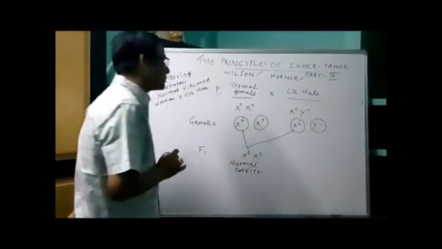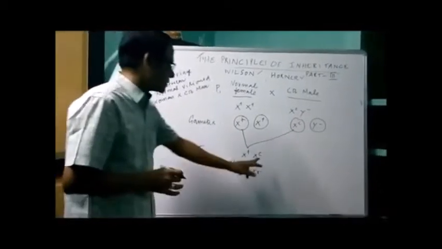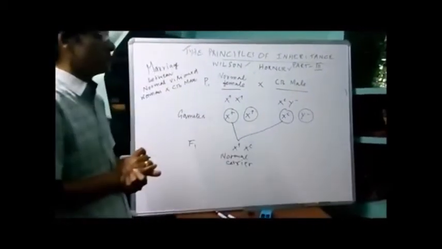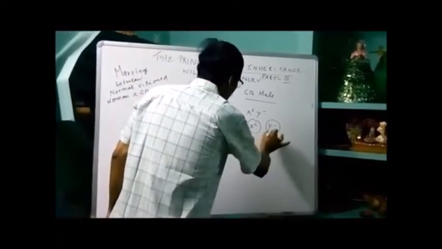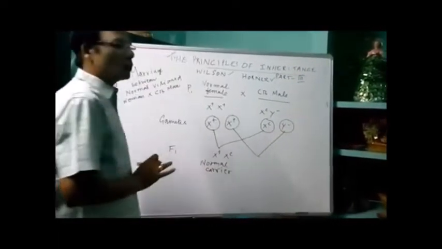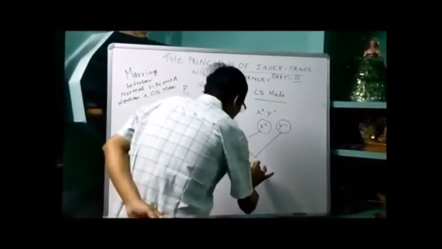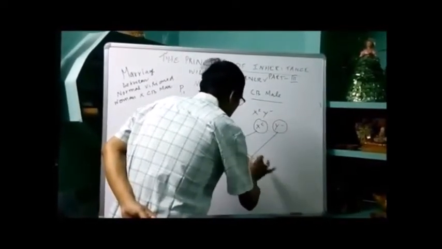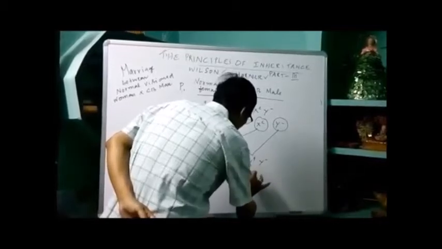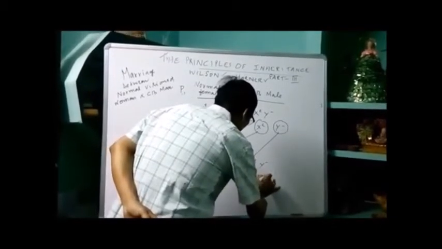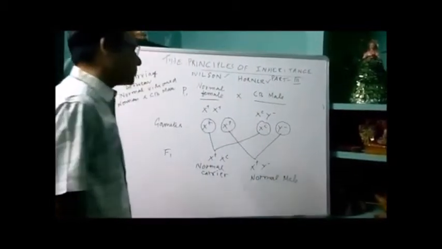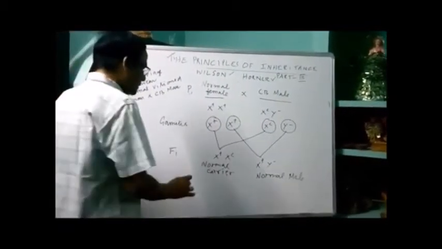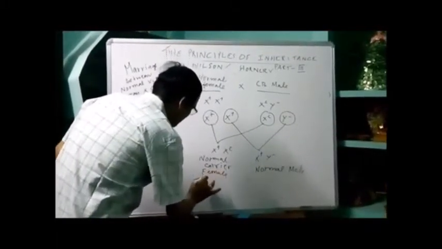There is no expression of the recessive gene because of the presence of the dominant gene. Now, if this egg is fertilized by the sperm having the Y chromosome, we get a normal male. So the normal carrier females are the daughters.